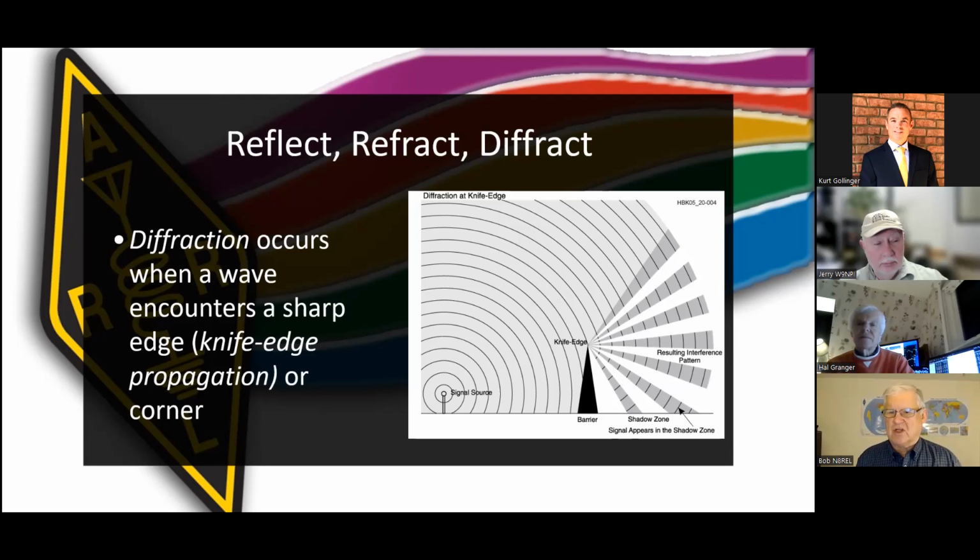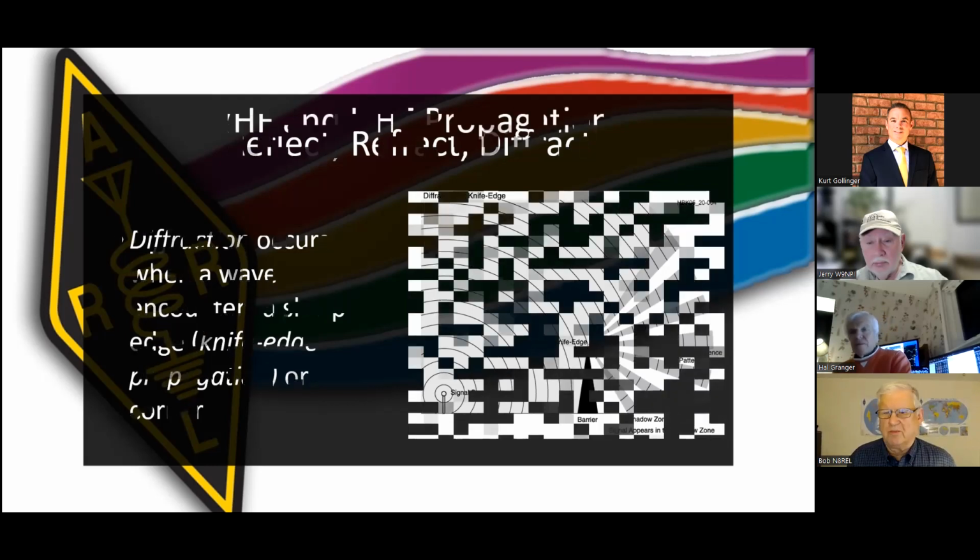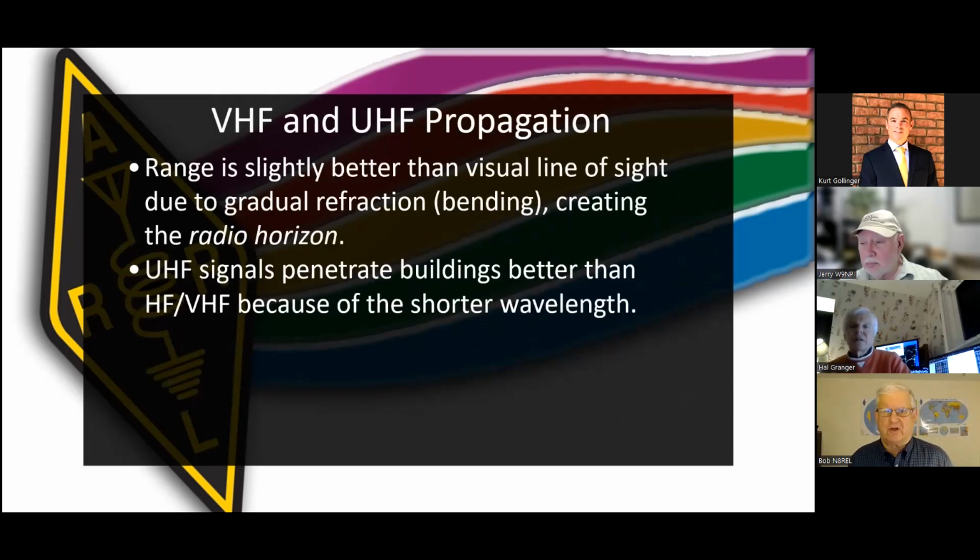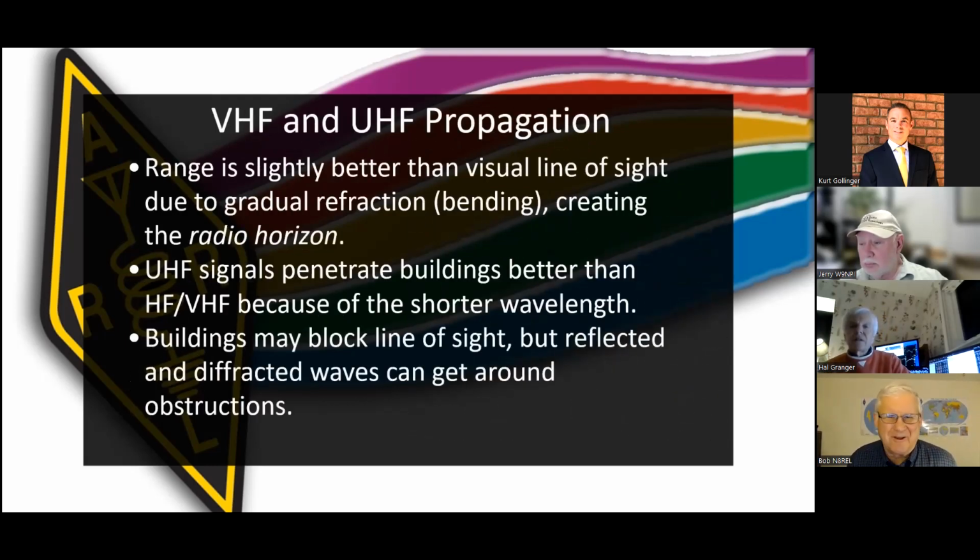What happens is there can be an interference pattern where for some places your signal is very loud, and in some places it's a null and you're not getting much at all. It can cause your signal to go loud and then soft and loud again. Okay. All right.